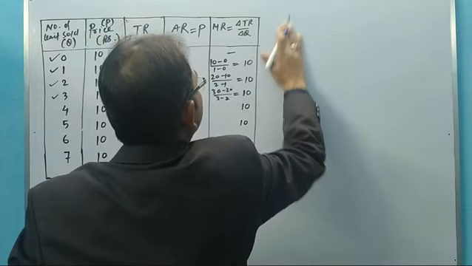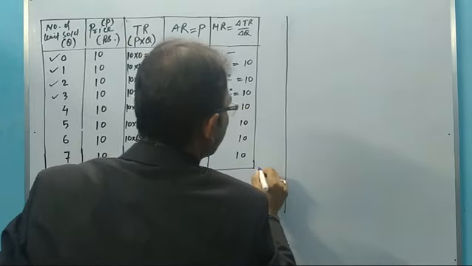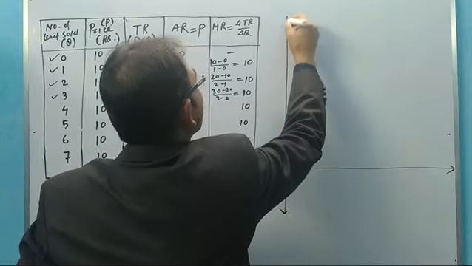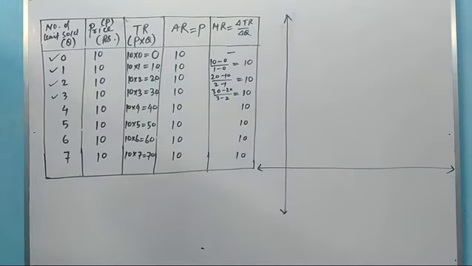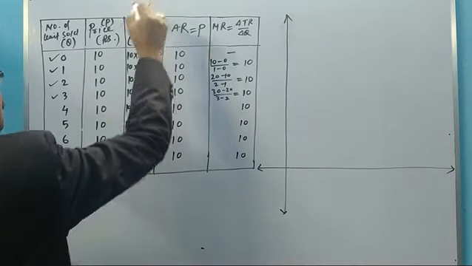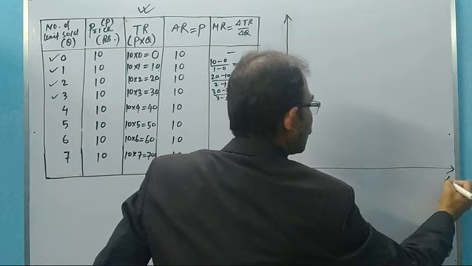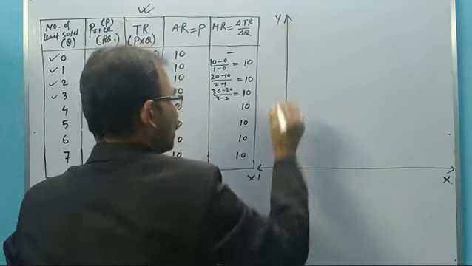Now we can draw the two-dimension curve, and explain each and every concept of TR, AR and MR. Now first I am starting the TR curve. So I am taking two axes, X'OX and Y'OY.